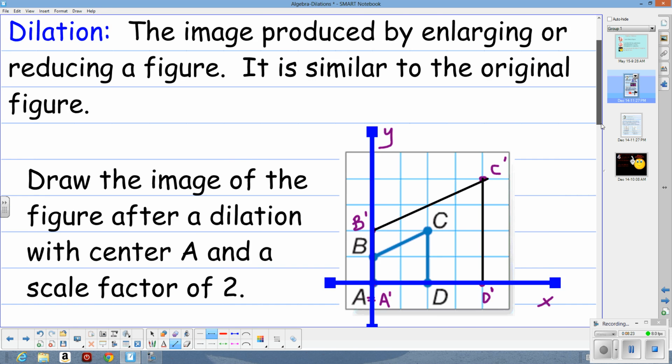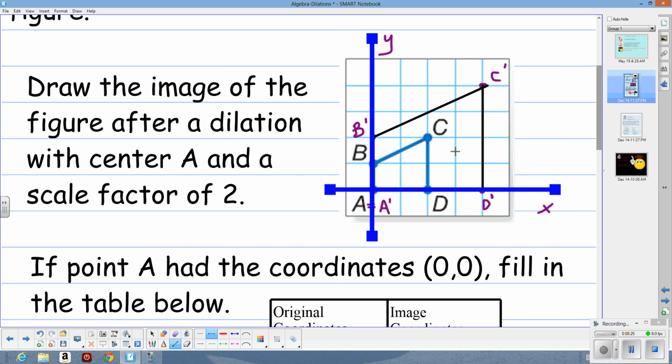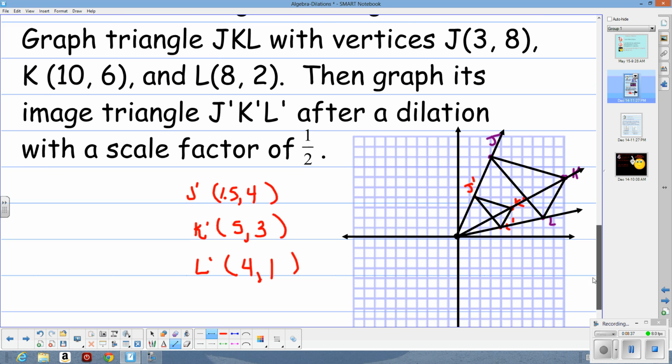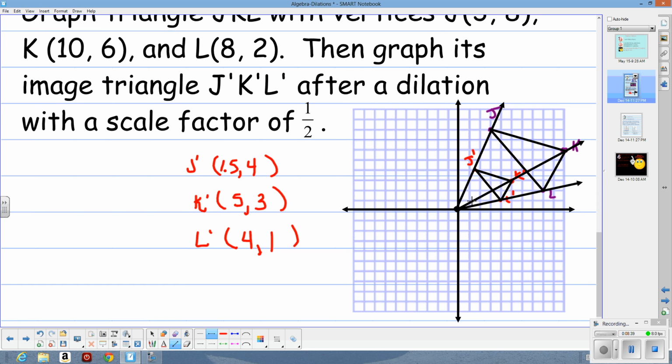Now, if we go back to this first example, we had a scale factor of 2, and our new quadrilateral was bigger than what we started with. And then in our next example, we had a scale factor of 1/2, and our new triangle was smaller than the original.